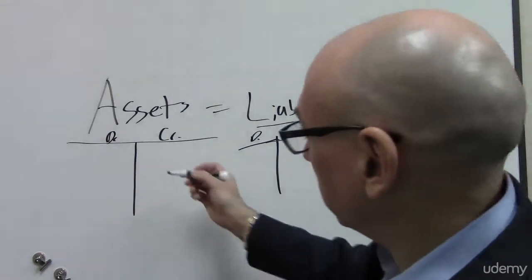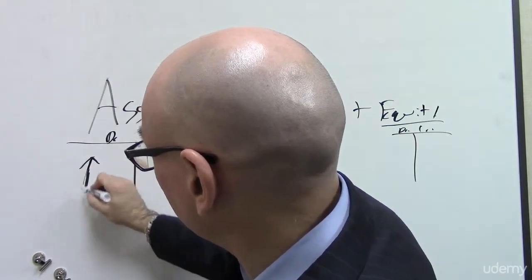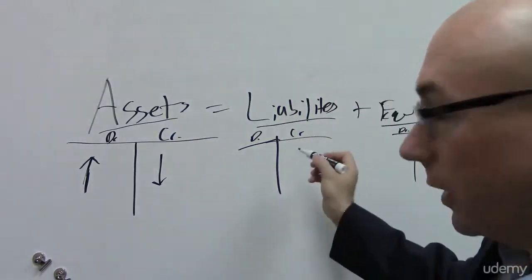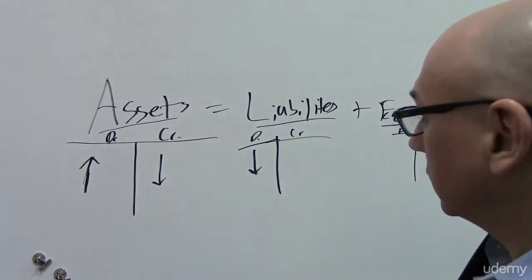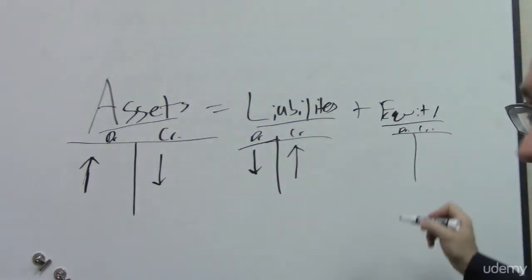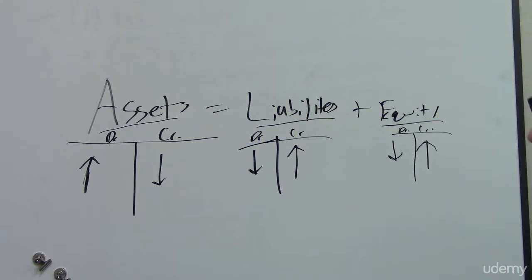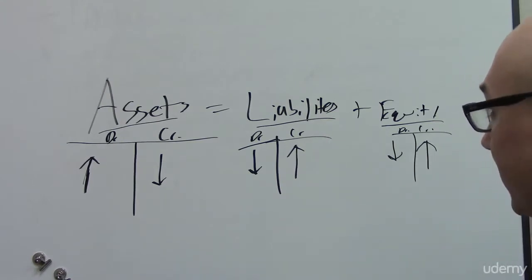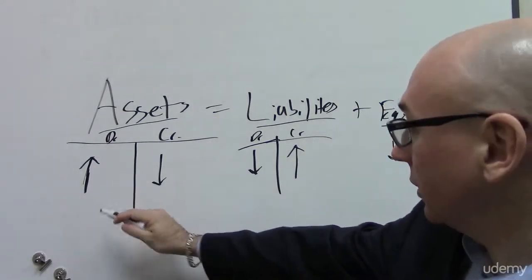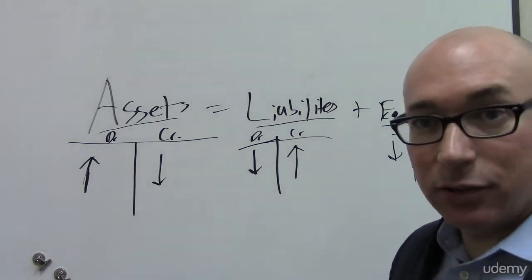Debits increase assets, and credits decrease assets. Liabilities decrease with debits and increase with credits. And equity decreases with debits and increases with credits. That's all there is to it. All you have to do is memorize that, and it has to balance. So when you have a debit over here that increases an asset, you either have a credit in liabilities or a credit in equity. There's no other way.